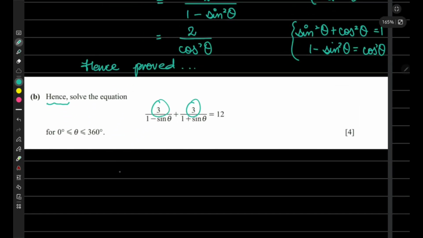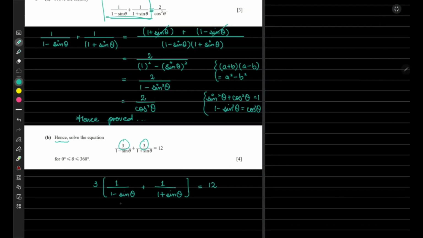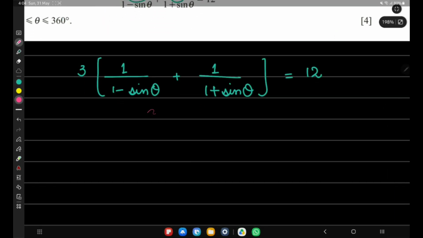We will be taking 3 common, 3 times (1/(1 minus sine theta) plus 1/(1 plus sine theta)) equals 12. So when it says hence, that means this part equals 2 over cos square theta, which we have already proved, so use that.